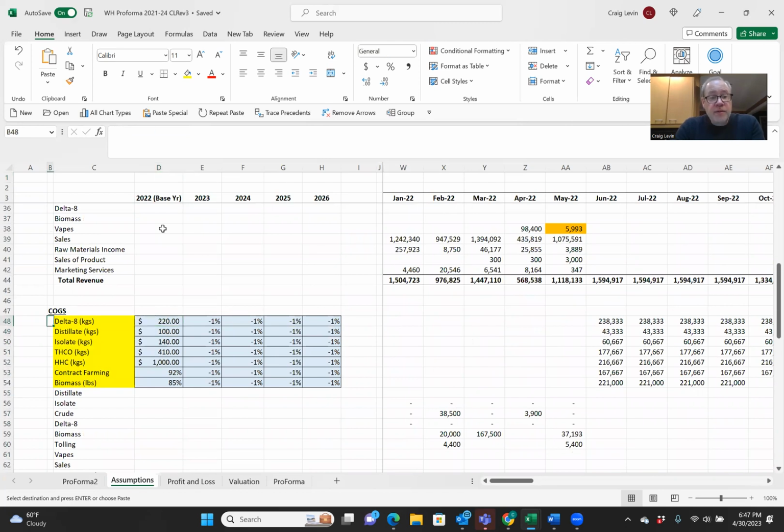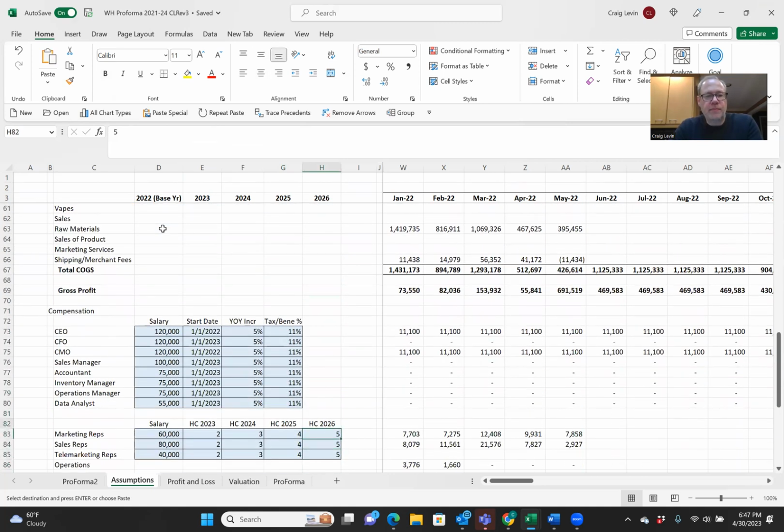Here's the cost of a kilo of each of these items, and then an assumption as we go forward that the cost would decrease 1% year over year. Then here we've got starting salaries in compensation for these individual titles.